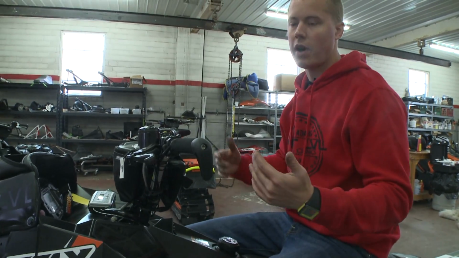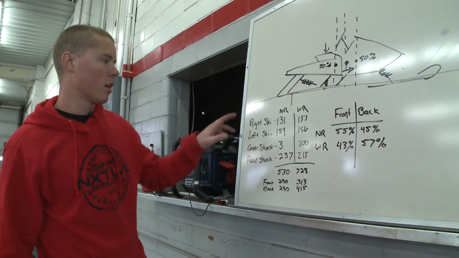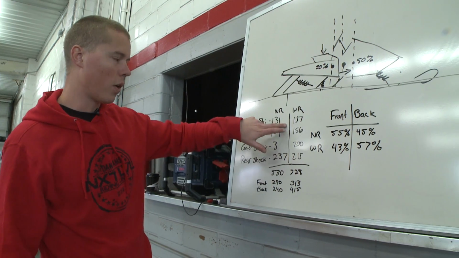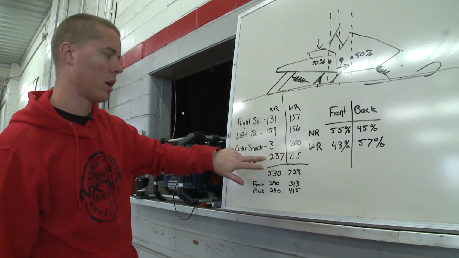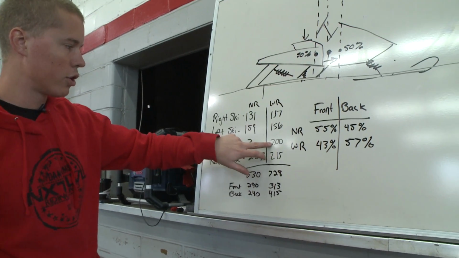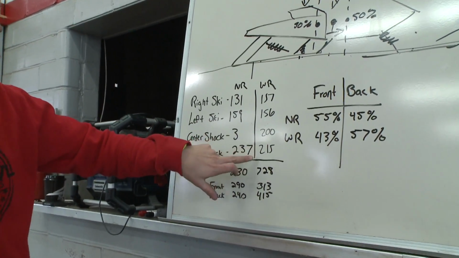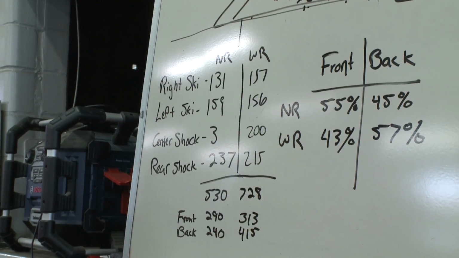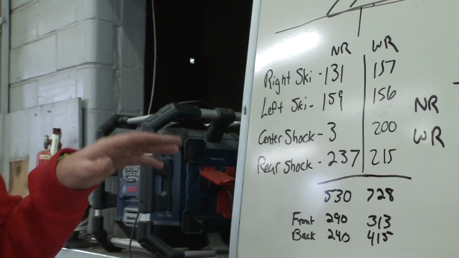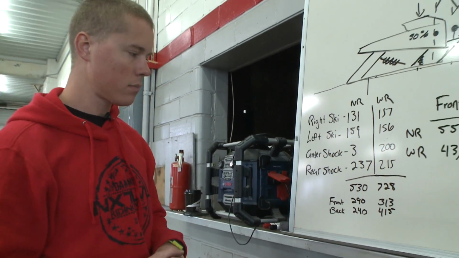And hopefully it's just in front of me, and we're going to get that 50-50, 45-55 weight distribution. Okay, so you can see we have our new ski weights, and you can see how they've changed, equalized a little bit when I got on the machine. The center shock went up to 200. The rear shock went down to 215. Now, this is telling us a lot about how the sled is distributing weight.